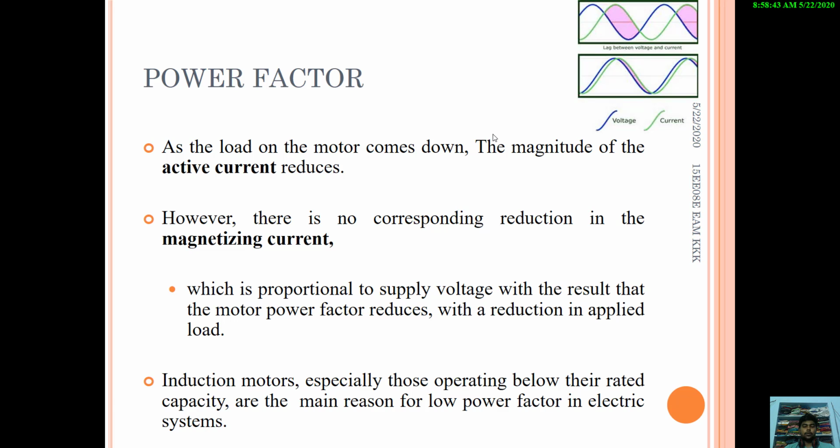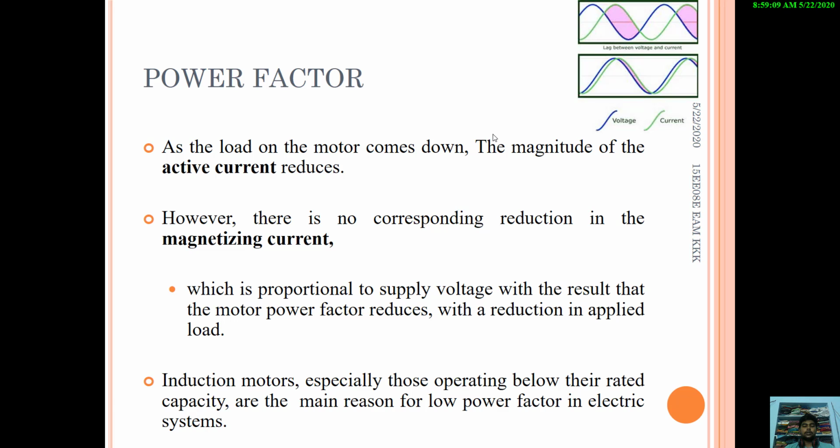Induction motors, especially those operating below their rated capacity, are the main reason for low power factor in electric systems. Low power factor will reduce the efficiency of the system.